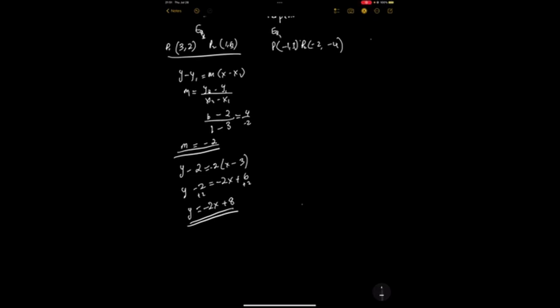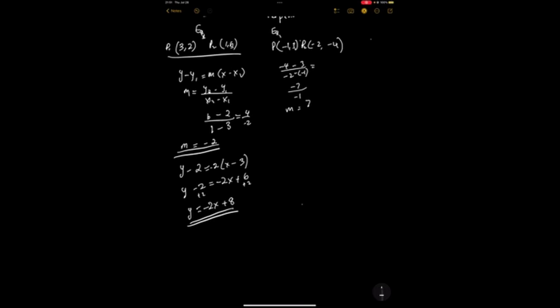The second equation, now we have to find the slope. Slope will be y2, -4, minus y1, which is 3, over x2, -2, minus x1, which is 1. So that would be equal to -7 over -2 plus 1, which is -1. So m is equal to +7.